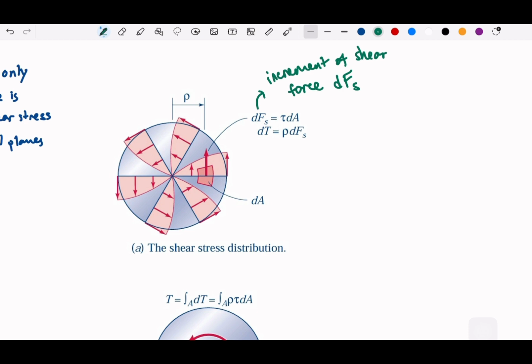Remember that the stress is basically force divided by the area, so we can use the increment of the shear force as tau dA. And then the incremental torque is basically the radius multiplied by the increment of the shear force.